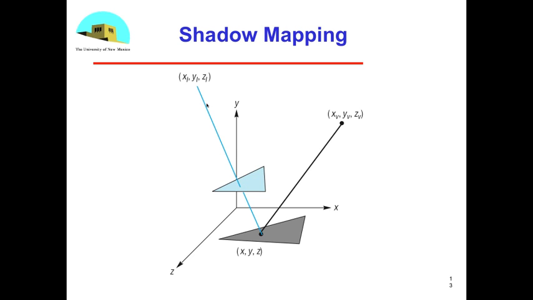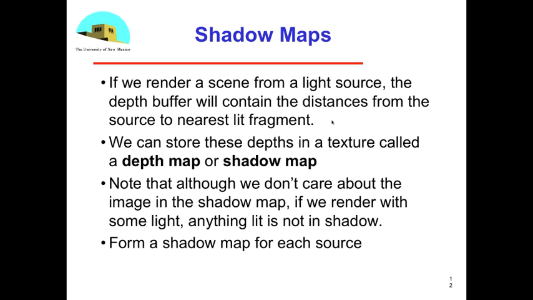But I like to present this here because when you look at it this way, you see it's really just 2 different projections, and I somehow have to combine them. So that's the idea of a depth map or a shadow map. And again, we don't really care about the image. We only care about the distances that are in the depth buffer. And I have to do that, obviously, for each source.